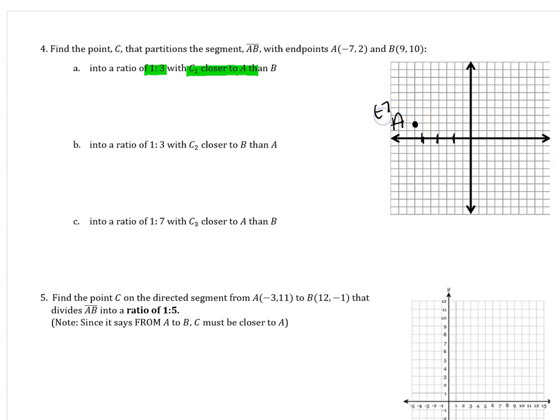There's A at (-7, 2), and there's B at (9, 10).